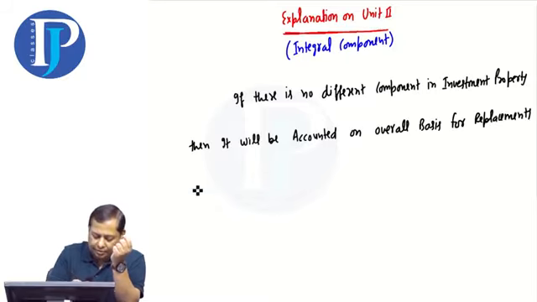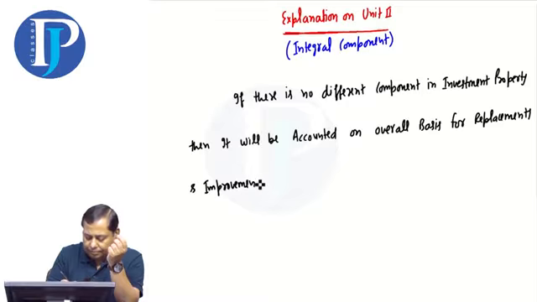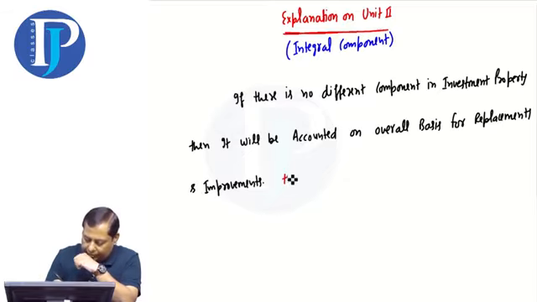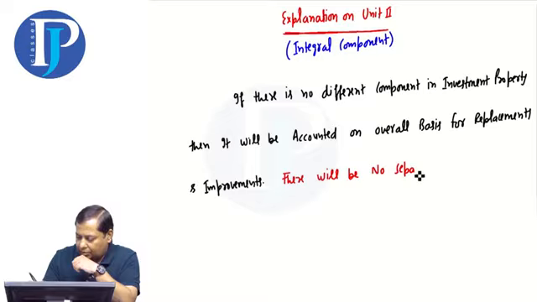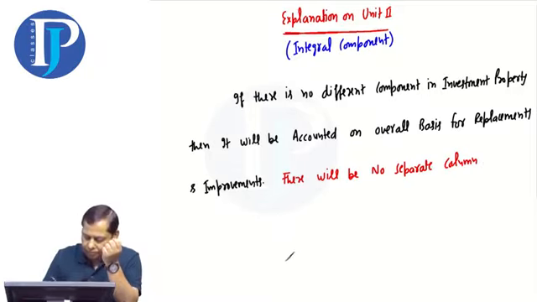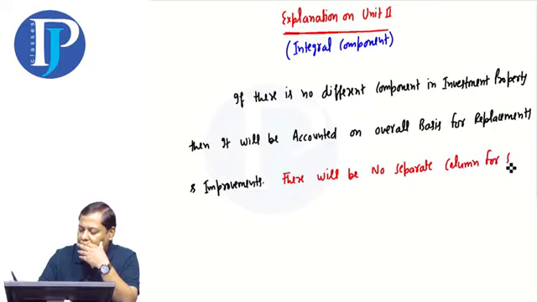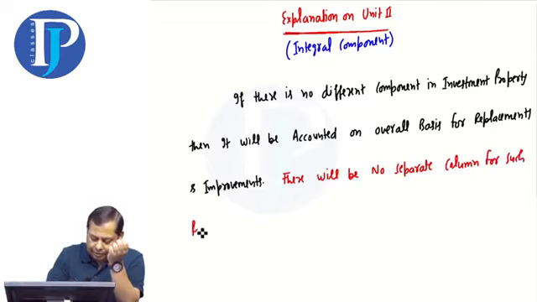For replacements and improvements, there will be no separate column for such replacement.